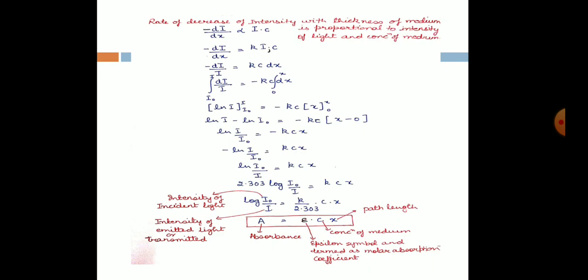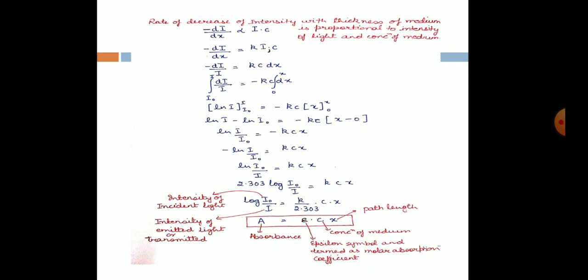Now upon rearranging this equation, we can write minus dI by I is equal to kC dx. Now we will integrate both sides of this equation. The intensity component will be integrated between I naught to I, that is the intensity of the incident light and the intensity of the transmitted light, and the right hand side expression dx will be integrated between the limits 0 to x. 0 is when the light has not travelled any distance, and x centimeter is the distance which it has to travel.